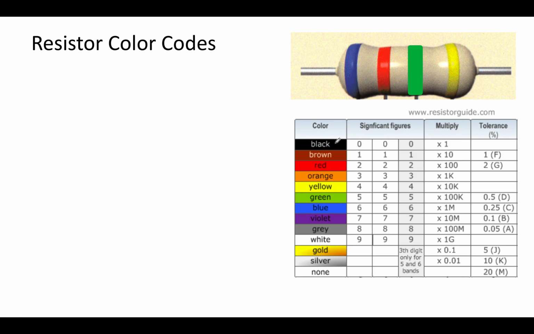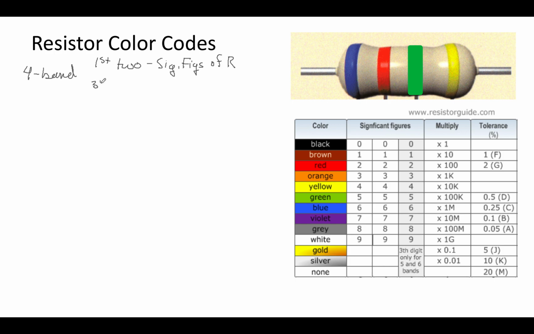So what you see here is a resistor. It's a 4-band resistor, so what that means is the first two are giving you the first two significant figures of the resistance.